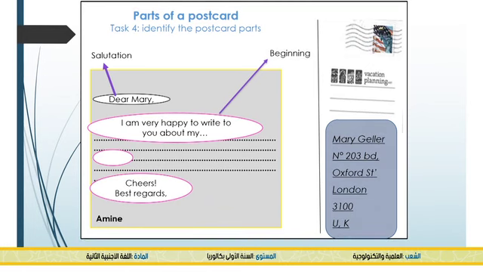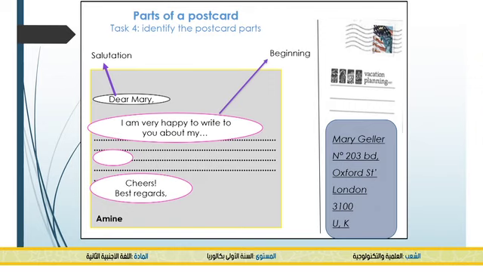So up to now, we have salutation and beginning. What do you think the next part is? It is in the middle, of course, inside the postcard. Can you guess? Yes, very good. That's body. Okay? It's not the body of a human, of course.